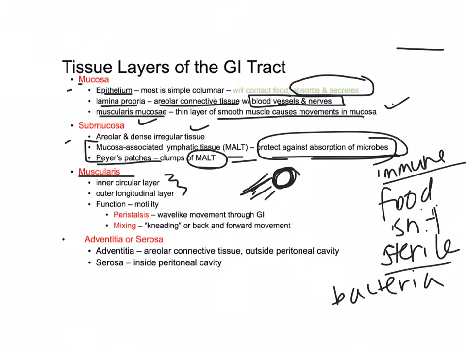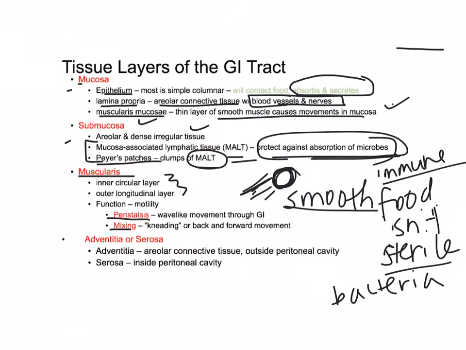This is smooth muscle for the most part, so it's involuntary. What it's there for is to move the food through the GI tract and to mix it. The wave-like movement of things through the GI tract is called peristalsis, and I have a picture of that. And then there's also mixing, and I have some pictures of that.